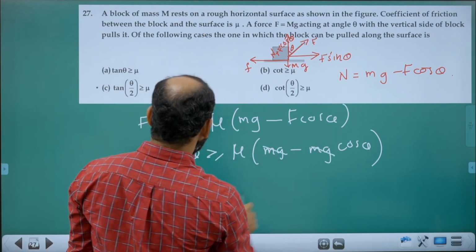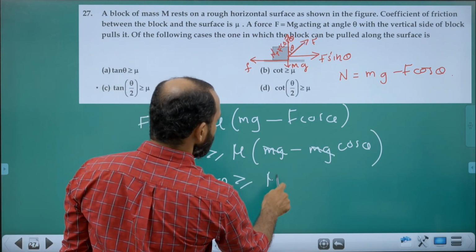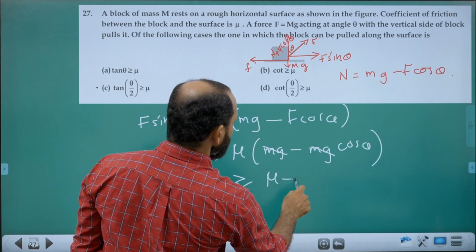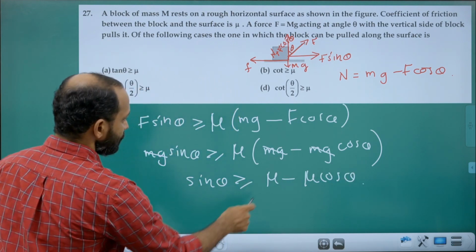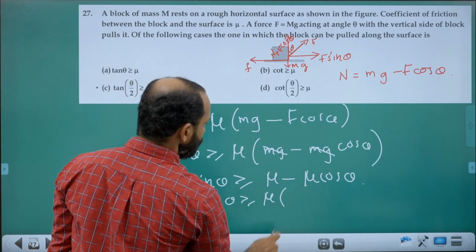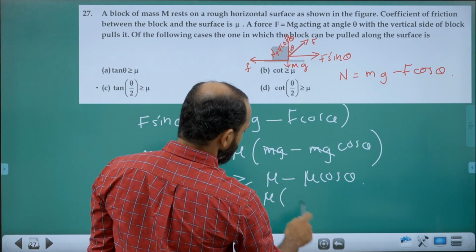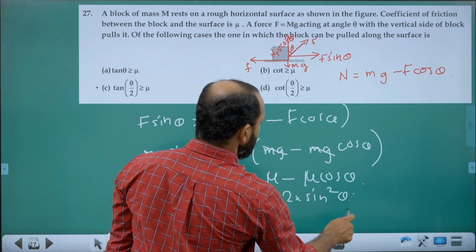That is sin theta greater than or equal to mu minus mu cos theta, that is, sin theta greater than or equal to mu into (1 minus cos theta). 1 minus cos theta can be written as 2 sin square theta by 2.